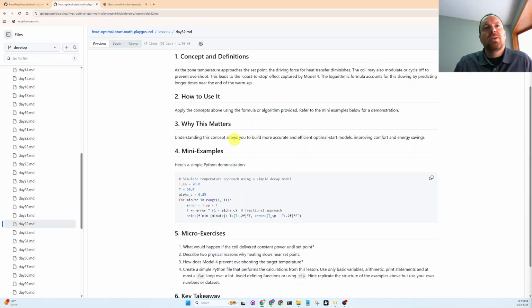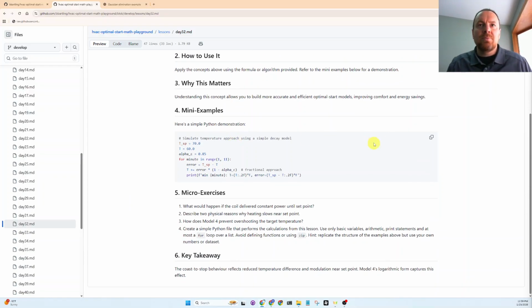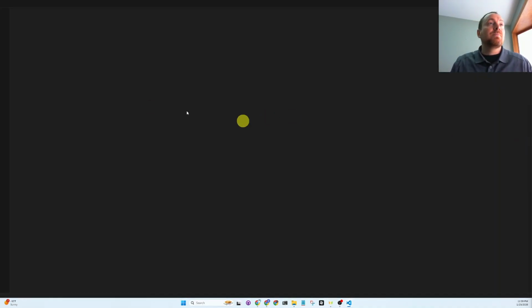type of slope. So here we go, some more mini lessons in Python. I just realized I don't have my VS Code open, so one second here. Get to our math lesson.